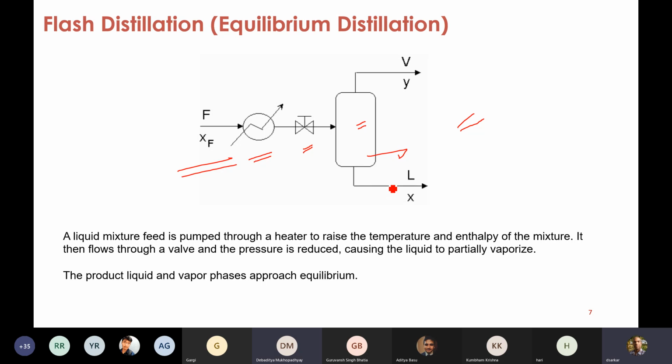This liquid and vapor will approach equilibrium and you can take out the vapor and the liquid, and these two compositions will differ, right? So we have again carried out some kind of separation. This is important: the product liquid and vapor phases will approach equilibrium.